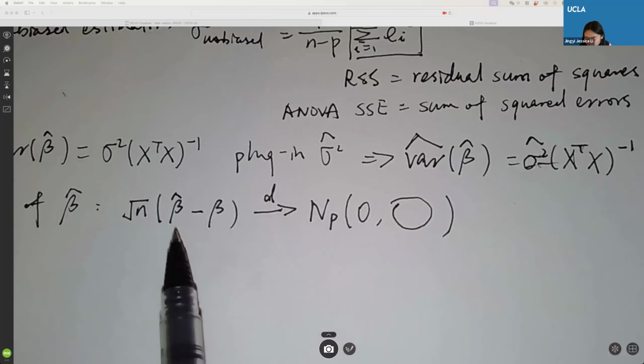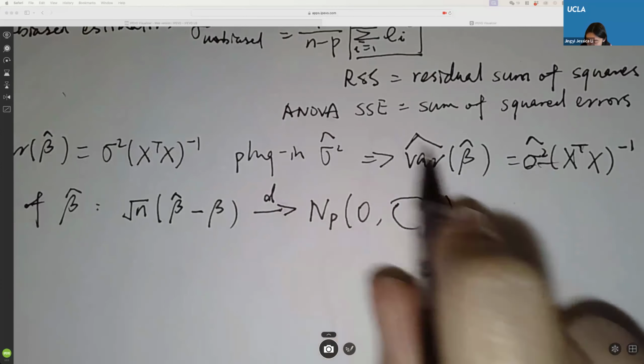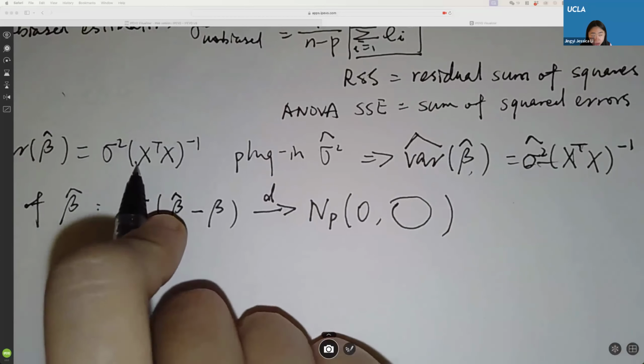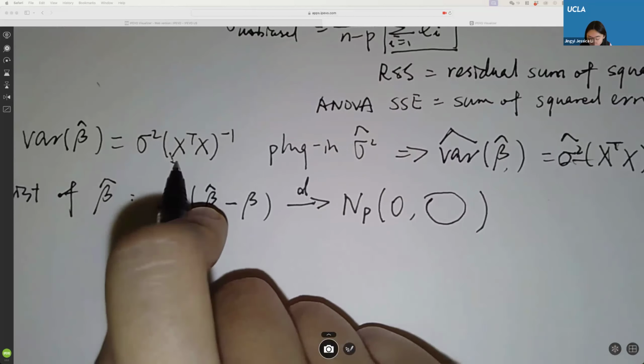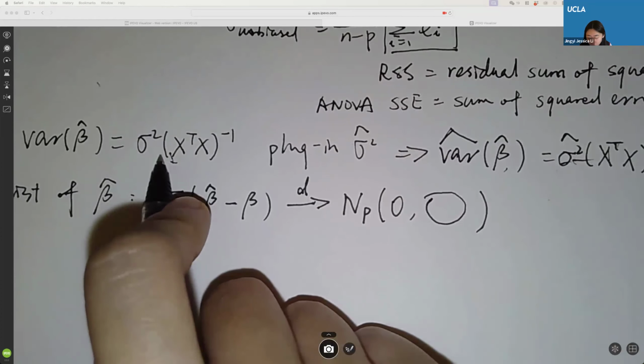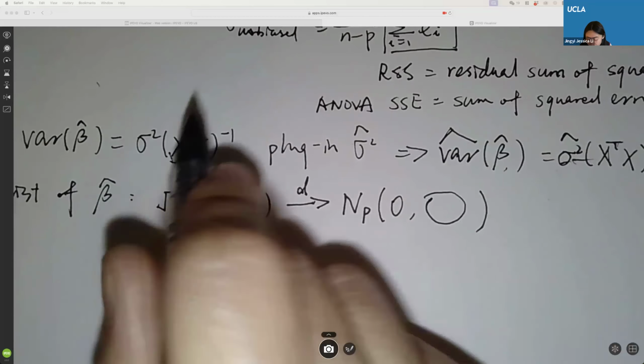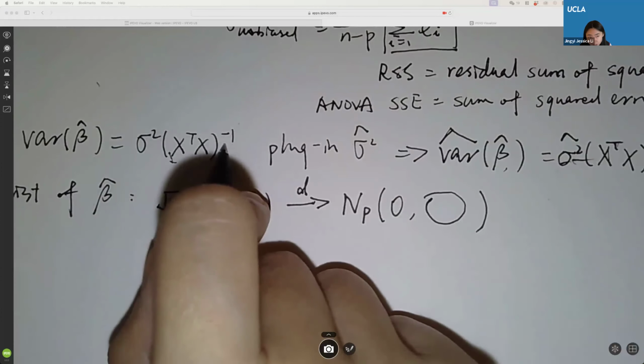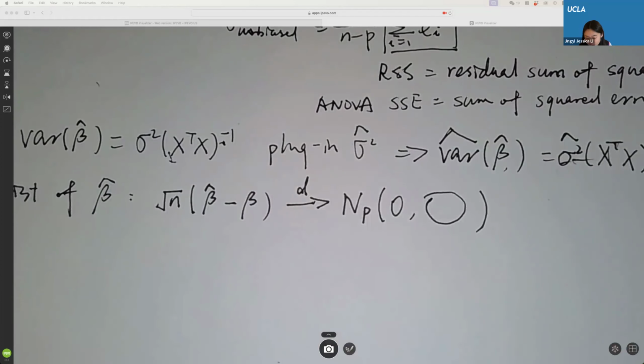If we just look at the variance of beta hat, we can show that it will go down to 0 as your n goes to infinity. Going down to 0 means that all the variances become negligible so that the estimate becomes not random. It will not be random around its true value anymore.